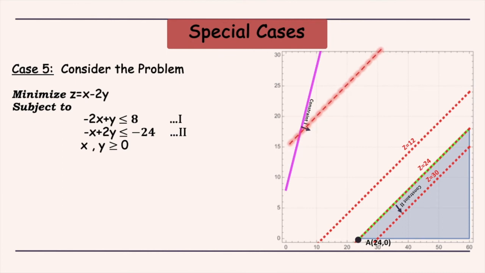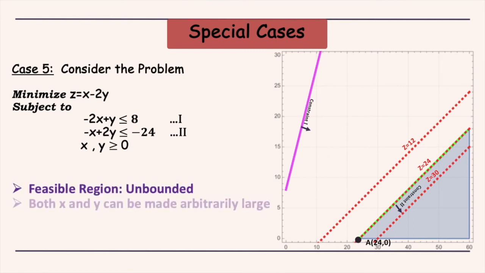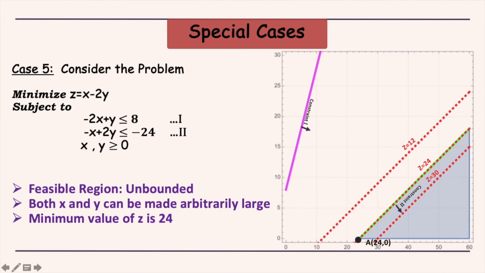So let us see what all we can conclude for this problem. The first point is that we have a feasible region which is unbounded. The second thing, x and y can be made arbitrarily large, but the minimum value of z which can be obtained by restricting to the feasible region is 24. We notice here that if we move to a value lesser than 24, our z line is outside the feasible region.